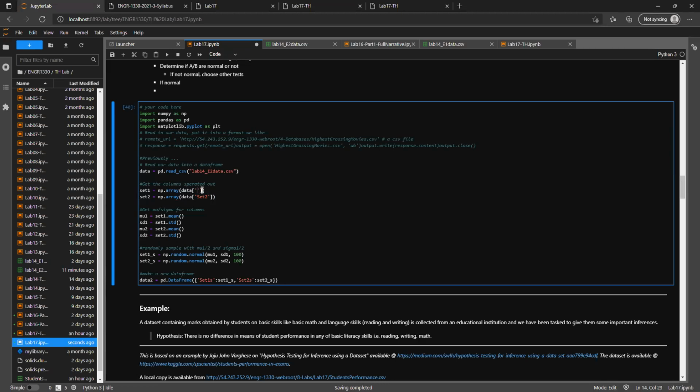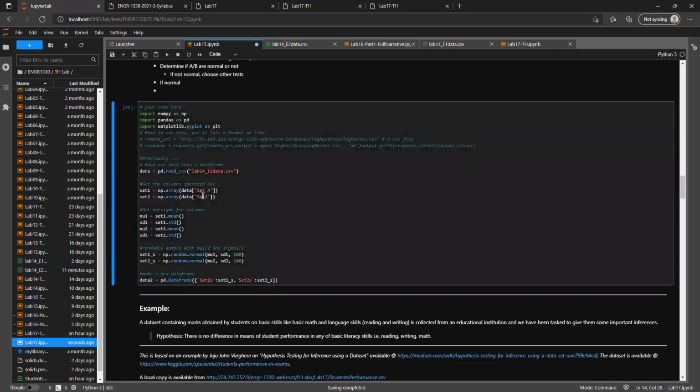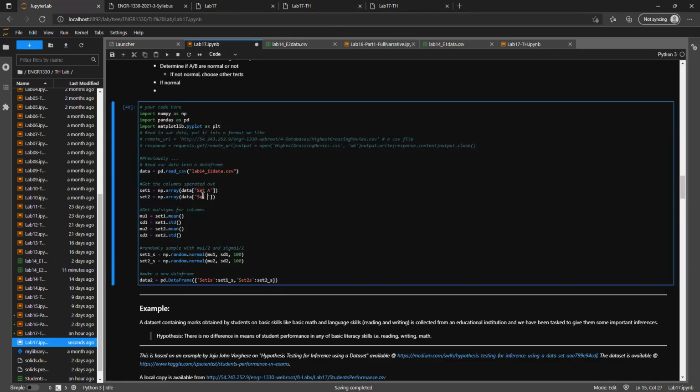So it's set A, SET space A, and set B. So this needs to change a little bit. And I'm going to change these so that they are congruent. And then that. Okay.